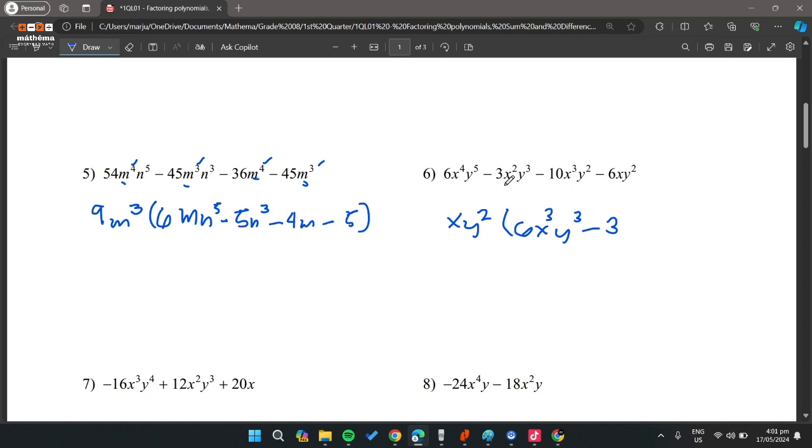And then we have x to the 2 minus 1, that's x only, and then y cube divided by y squared, we will get y. Minus 10. And then we have x cubed divided by x, so we have x squared. And then cancel out y squared, minus 6, cancel out x, and then y. So that will be our factors.